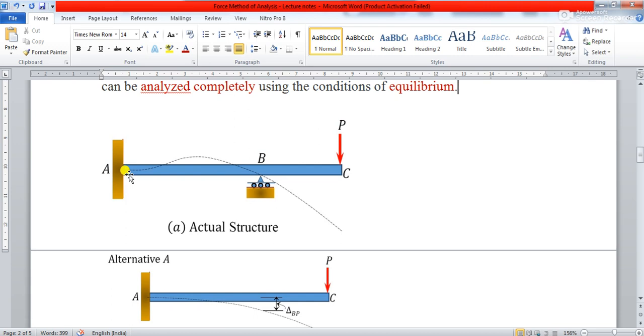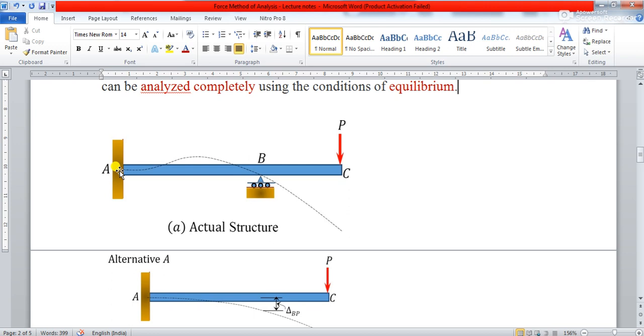Considering that, your number of unknowns will be 3. However, you should understand that when you are not considering the horizontal reaction at A, then your available equations of equilibrium will also be 2.